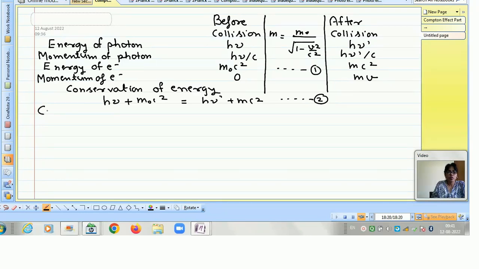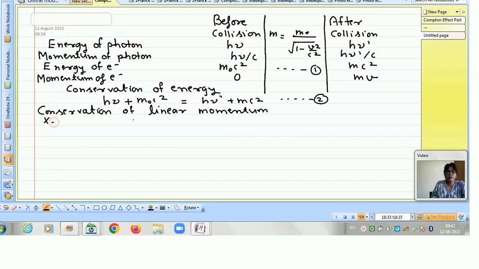Conservation of linear momentum in x direction and in y direction.